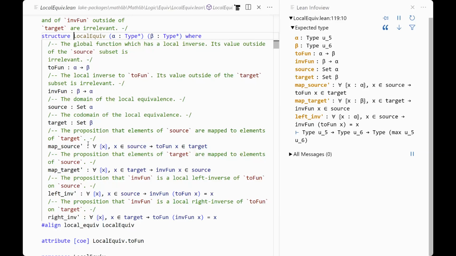So we assume that the forward function maps the source to the target, and the backwards function maps the target to the source. And on the source and the target, the two functions are inverses. And we don't have any assumptions about their behavior outside the source and the target. So that is the definition of a local equivalence. Does that make sense?